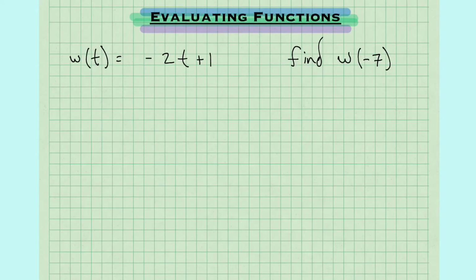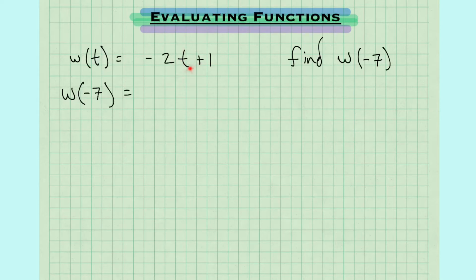All right, w of t equals negative 2t plus 1. We want to find w of negative 7. Here's something that I like to do when you run into these negative numbers in your functions. We're looking for w of negative 7, and what I like to do is put parentheses wherever this variable is.